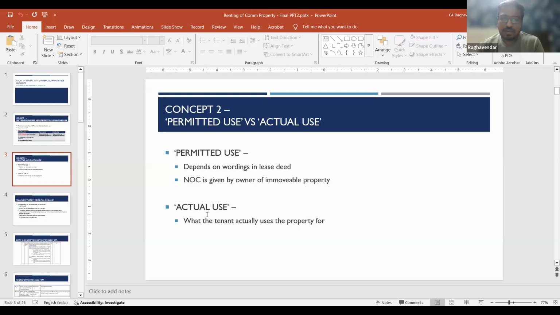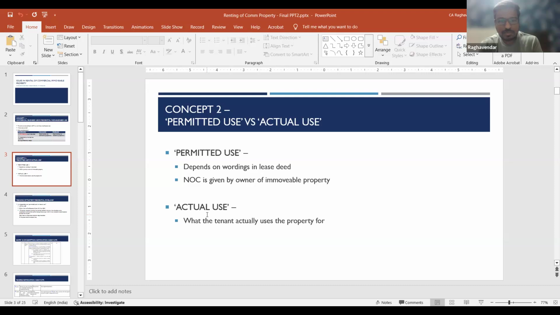When it comes to choosing between permitted use versus actual use for GST, there are two varying arguments.